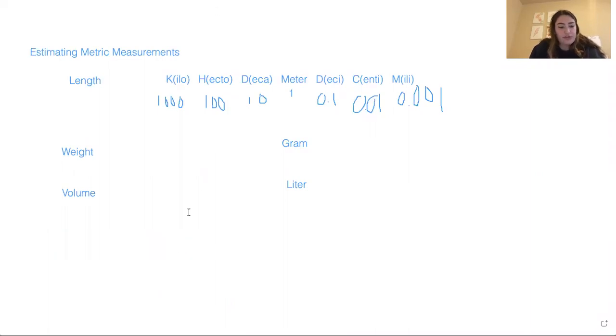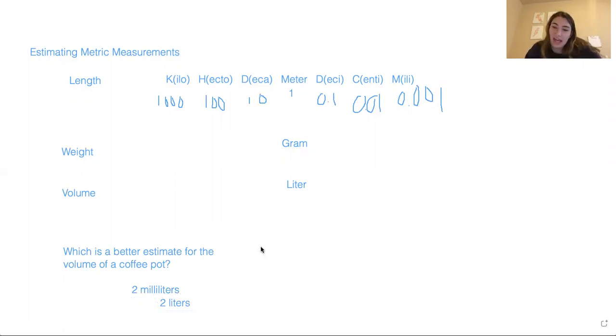Okay. So which, I don't know why that became all caps, is a better estimate for the volume of a coffee pot? The options are 2 milliliters or 2 liters.